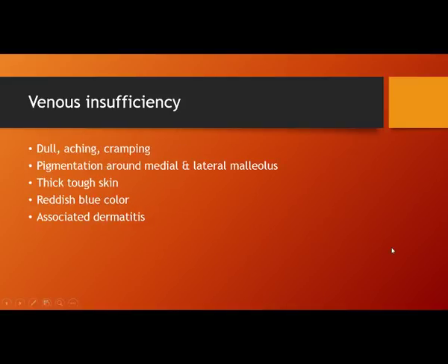Venous insufficiency, the pain is usually dull, aching. It can be described as cramping. There may be areas of pigmentation, especially around the malleolus, the medial and lateral ones. Thick, tough skin, reddish blue color, and dermatitis changes associated with it.